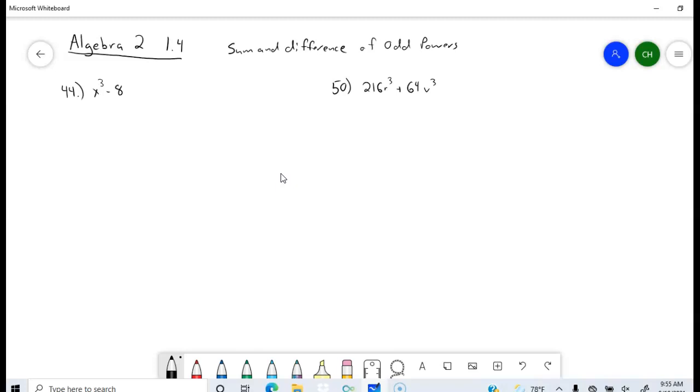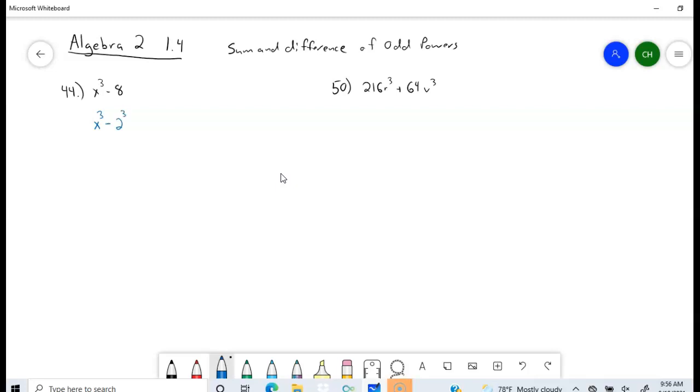These are binomials, each one has two terms. If we can find a way to write each term to have the same power and that power is odd, then we have tricks. Okay, so on x cubed, that's already a perfect cube, right? 8 can be rewritten as 2 cubed.